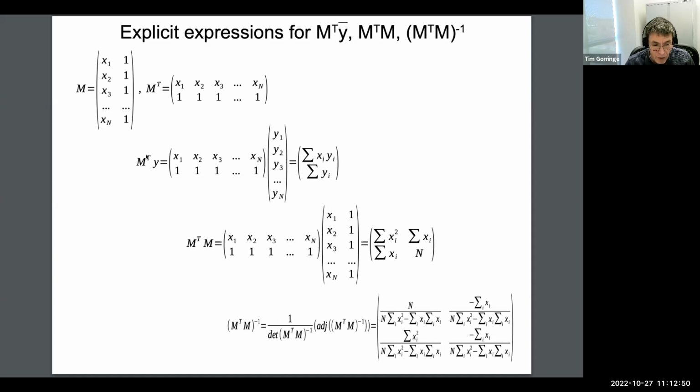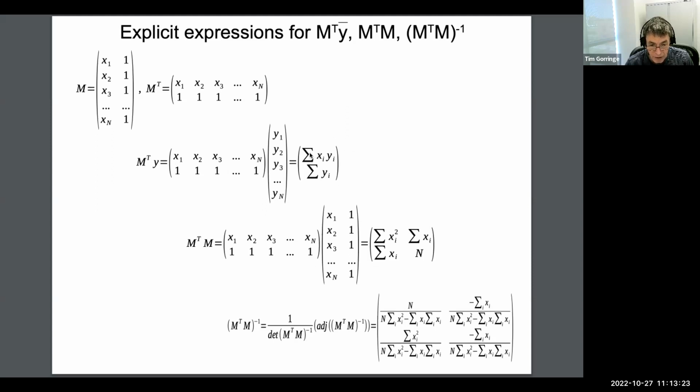If you multiply the transpose by the vector containing the dependent variables, and that's what I've explicitly written out here, this product of a vector with n elements multiplying a two-row n-column matrix gives a vector that just has these two elements here.